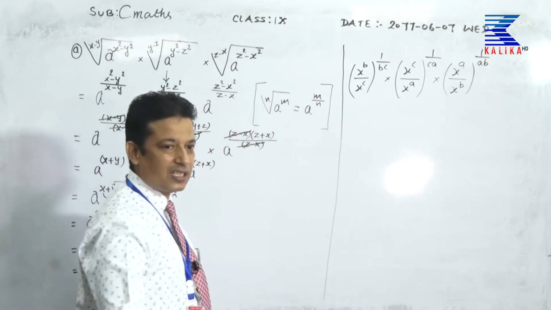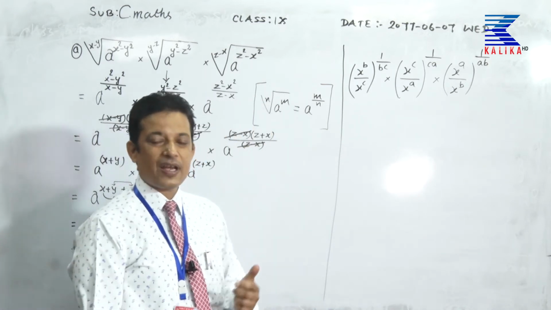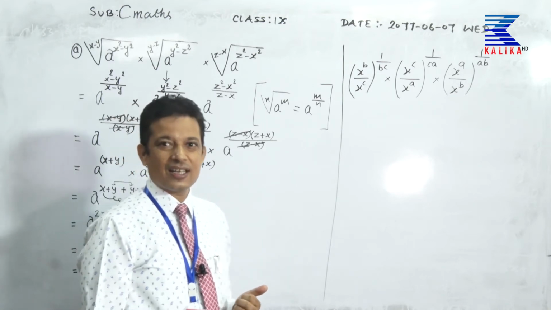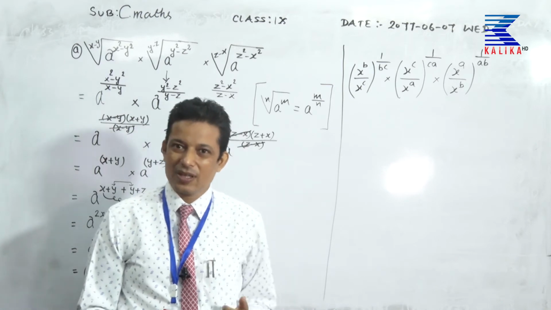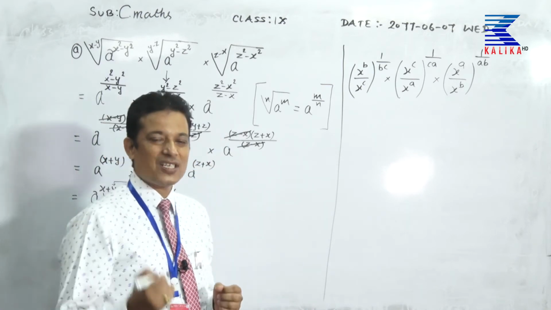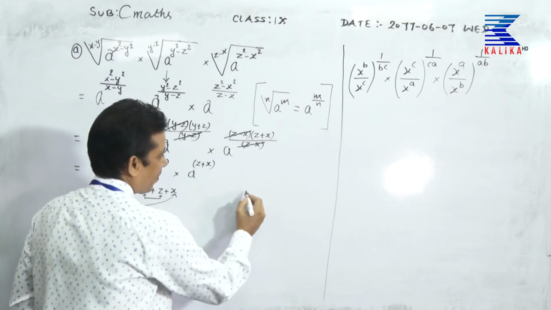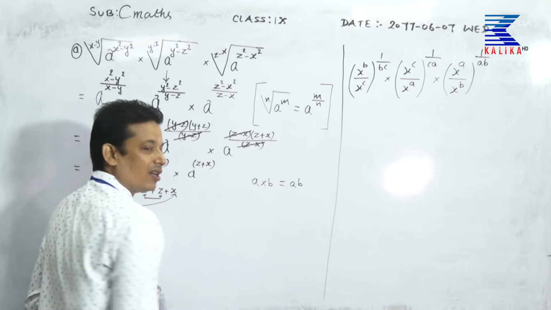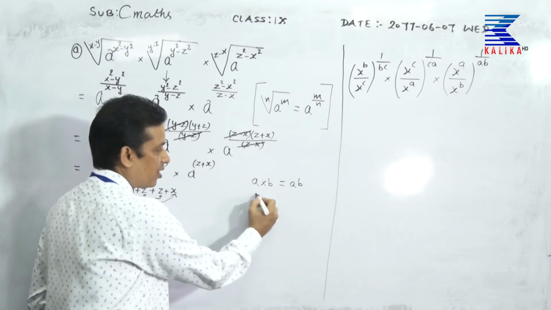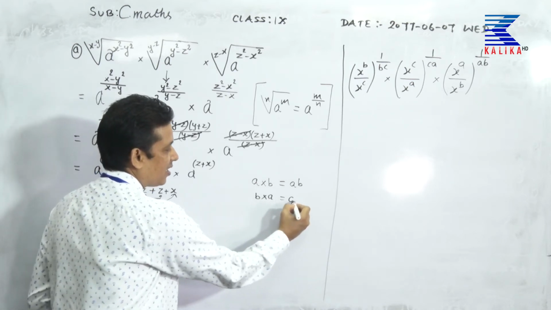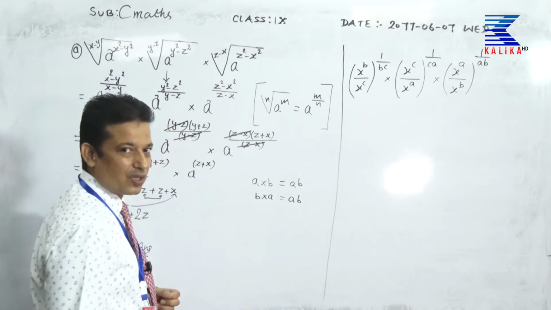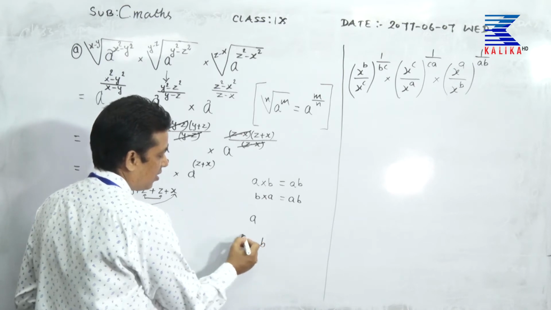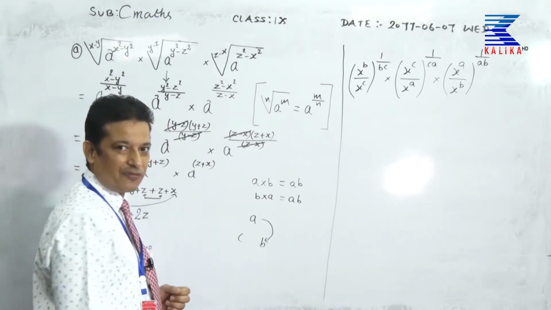And here is the place where I should remind you about cyclic order in mathematics. You know, in mathematics, there is also beauty. You should follow the beauty of mathematics. Let me tell you one step: if you multiply A and B, the result is AB. So, I request my dear students, when you multiply B and A, please write it as AB, because we need to follow the cyclic order. This is not a rule, but this is the beauty of mathematics.